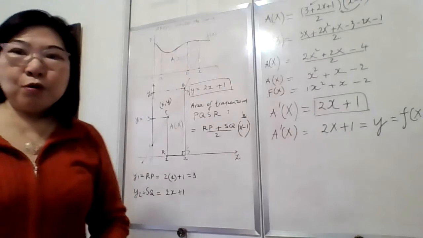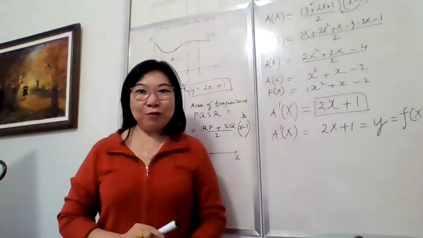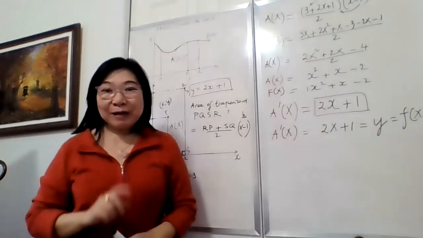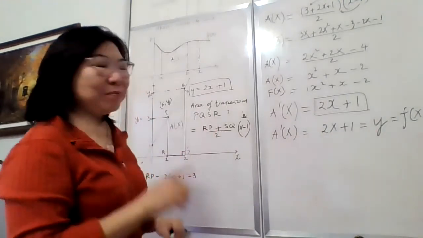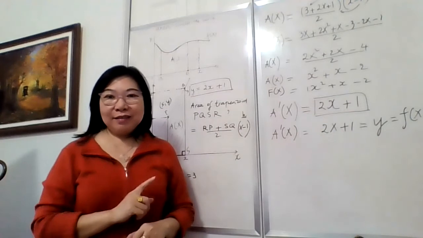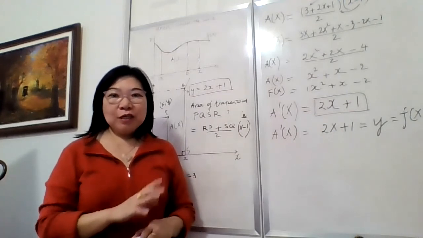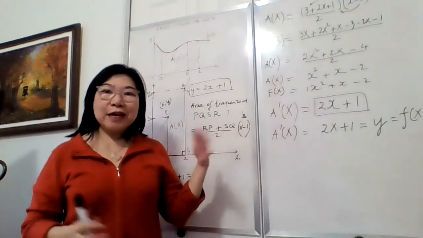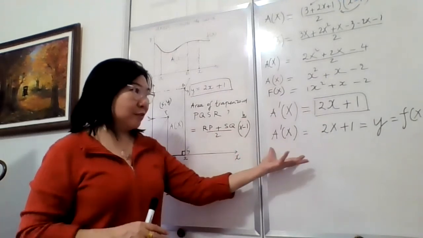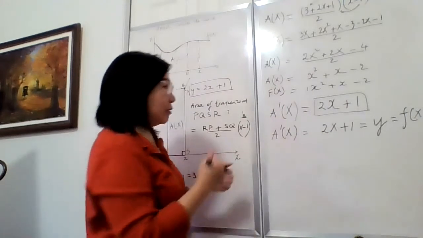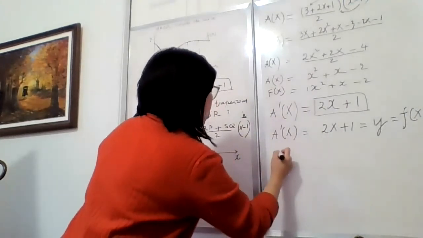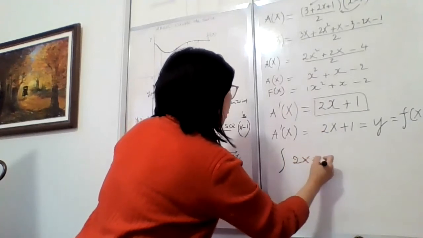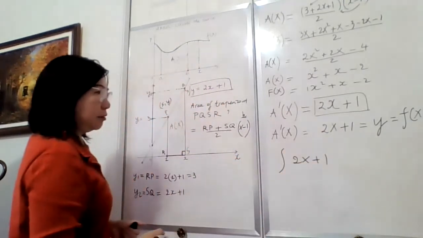So that is the purpose of the lesson today I would like to introduce to all of you. Now, let me show you, what if we do the antiderivative of this function? So let's do the antiderivative. If we integrate this function 2x plus 1, or antiderivative, right?